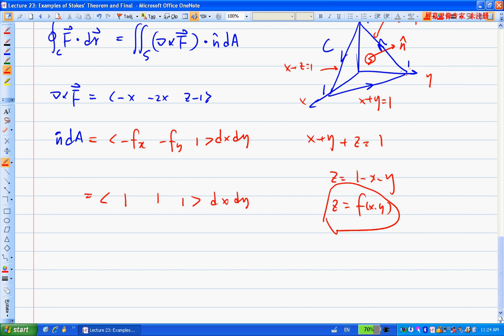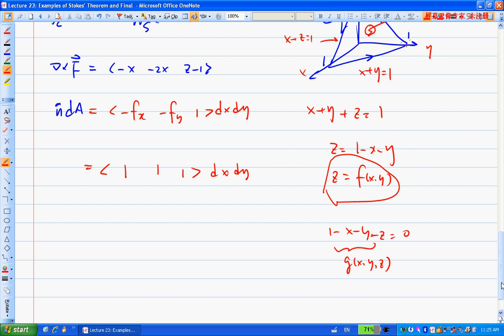You can argue the implicit is a more general case of the explicit case. You can consider this whole chunk as 1 minus x minus y minus z equal to 0, so this whole chunk is g of x, y, z. But in this case, you would prefer this. As a matter of fact, we're not going to test the implicit, because in class I didn't do any examples of the implicit. The formula is there just for completeness.